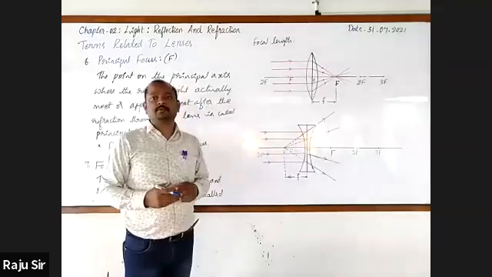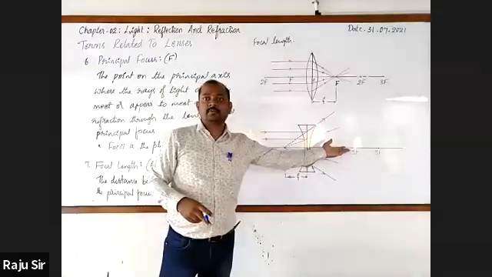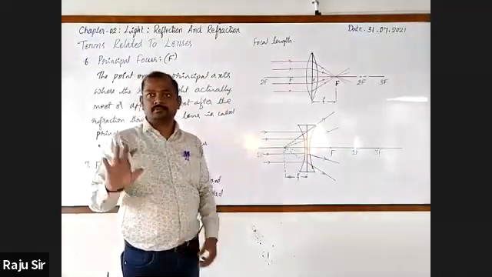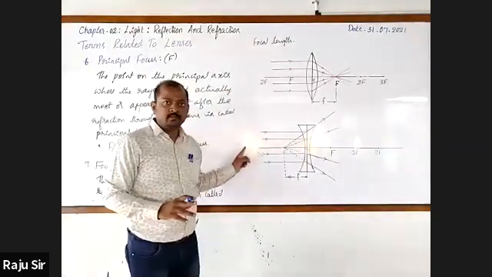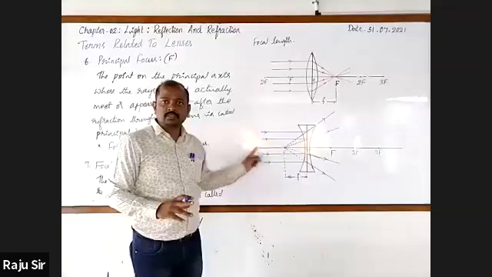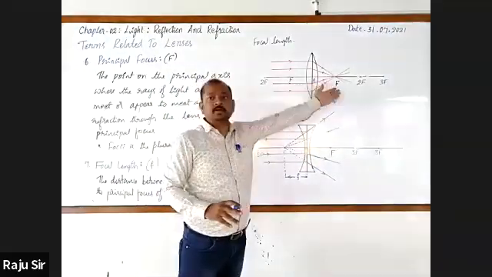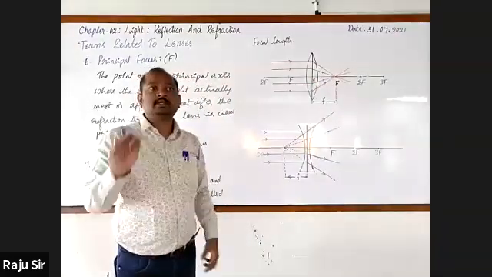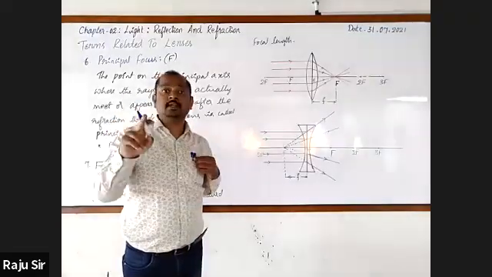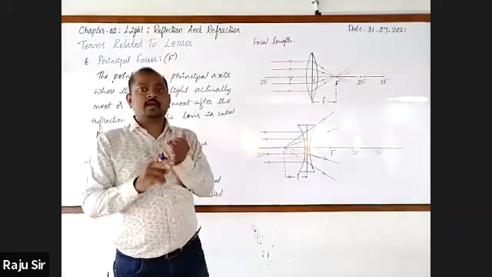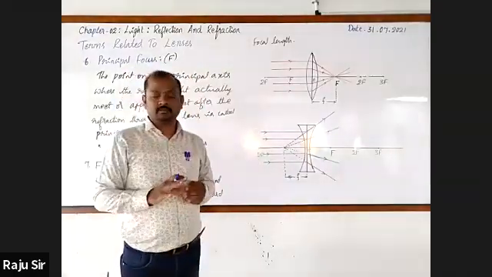Once the ray of light travels along the principal axis, it passes through the lens without bending, because the angle of incidence and angle of refraction will be 0 degree.